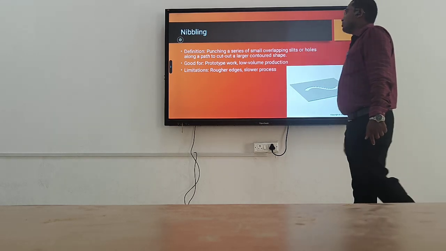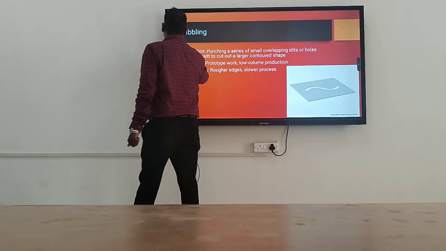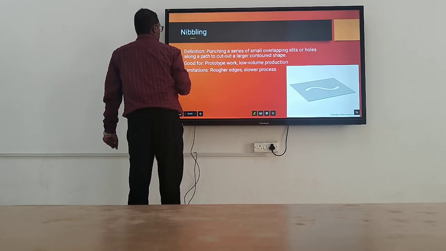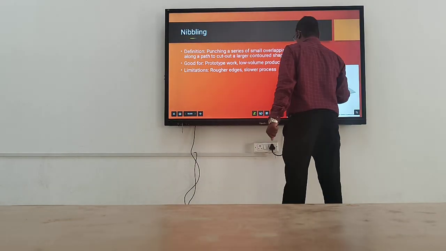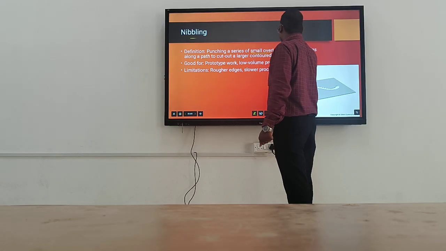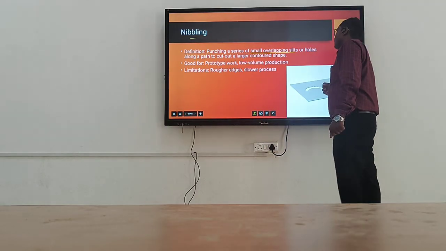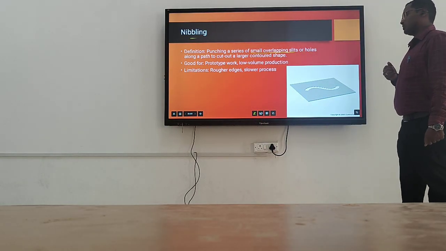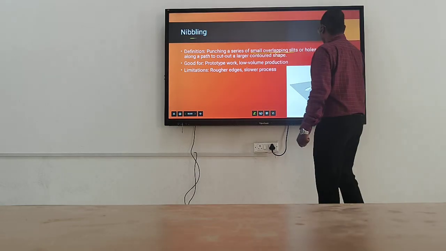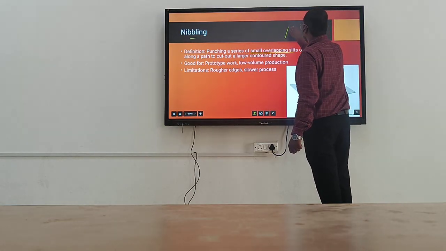Then the nibbling. Nibbling is a process where we cut a series of overlapping holes. Suppose there is a sheet.